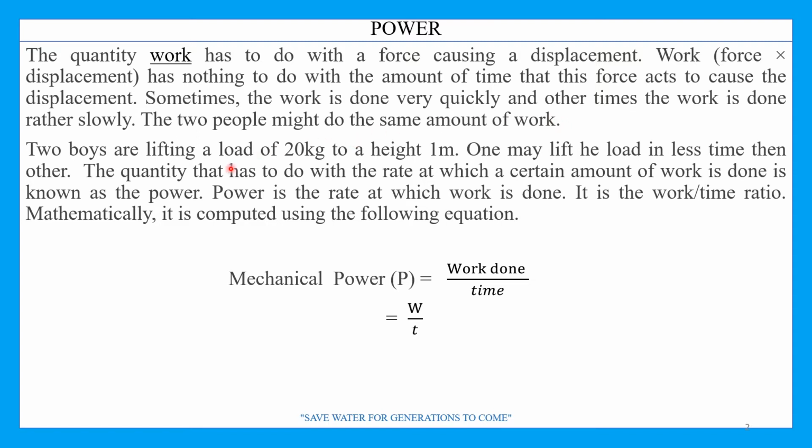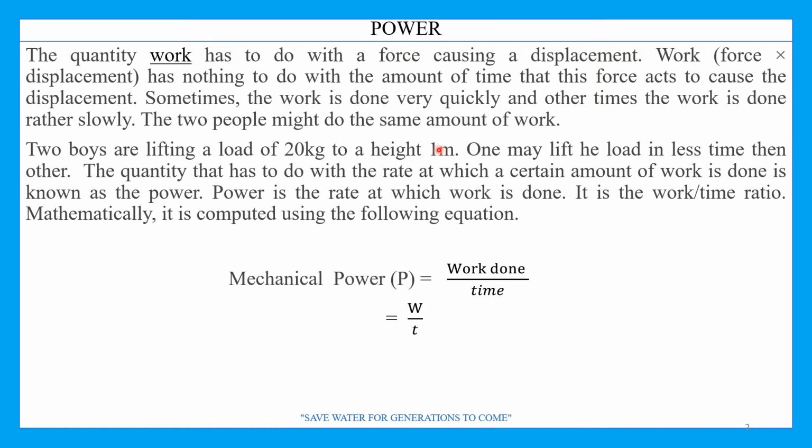So I'm taking one example here. Suppose you and your friend are both asked to lift a load of 20 kg to a height of 1 meter, one by one. First, you are asked to lift the load of 20 kg to a height of 1 meter, and after that, your friend is asked to lift a load of 20 kg to a height of 1 meter. Now, how will you come to know who is more powerful?